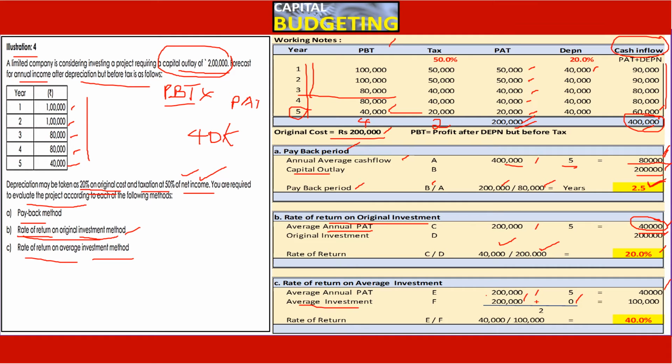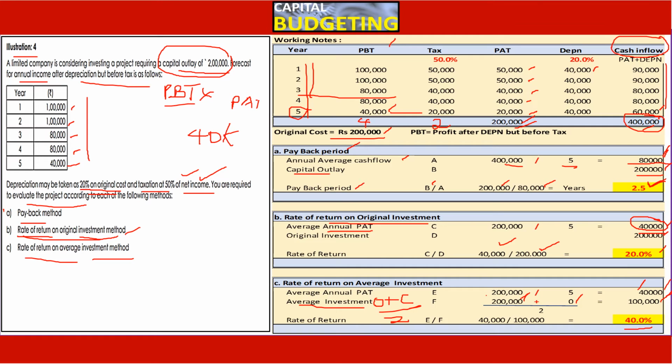Then what do you mean by average? Average is nothing but opening plus closing balance divided by 2. Opening balance is 2 lakh rupees and closing balance is 0, divided by 2. My average investment is 1 lakh rupees. Average annual profit is 40,000. Average investment is 1 lakh and my return is 40%.